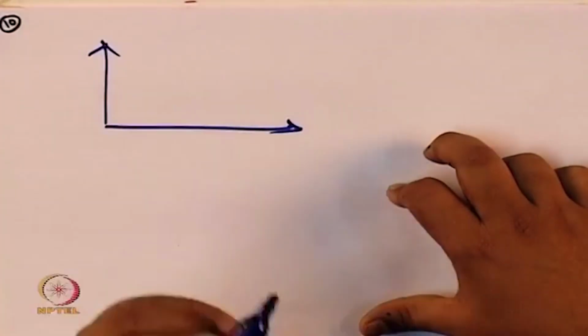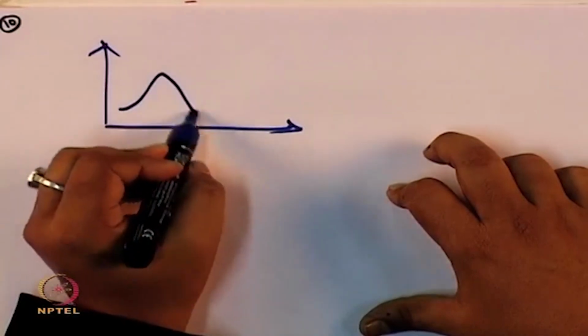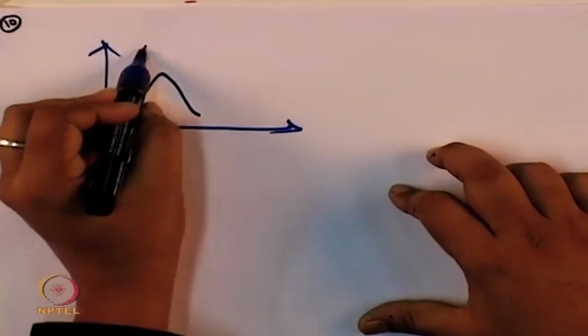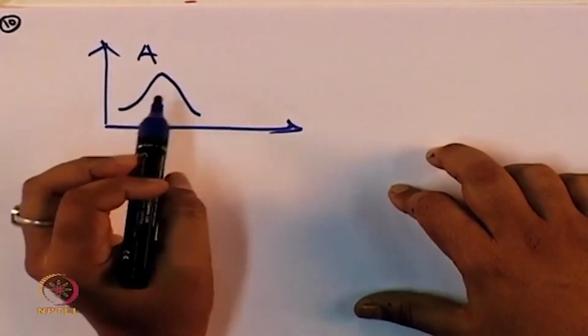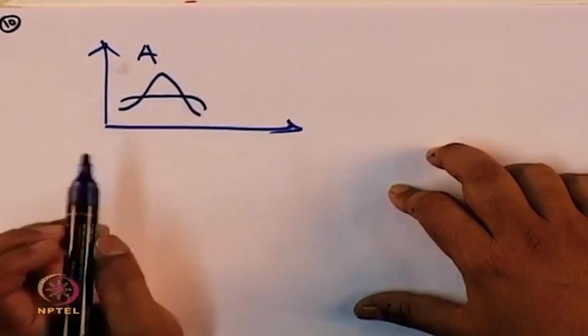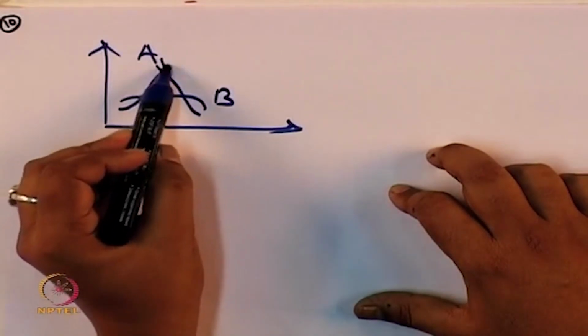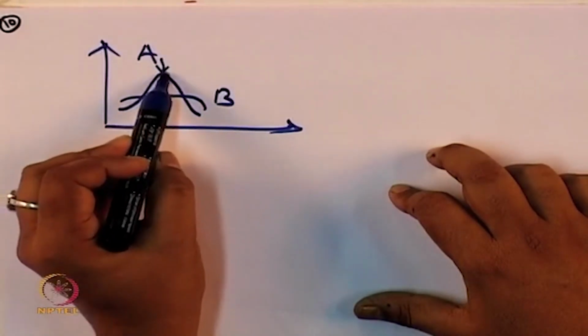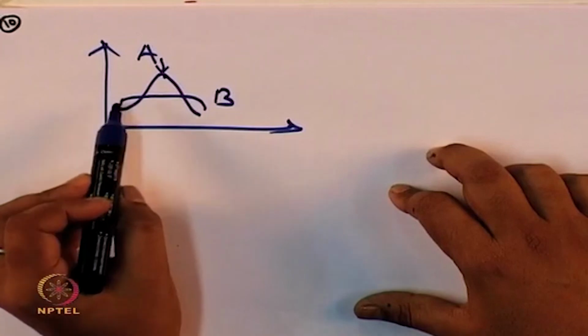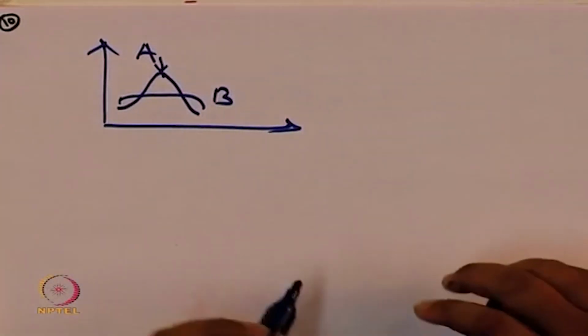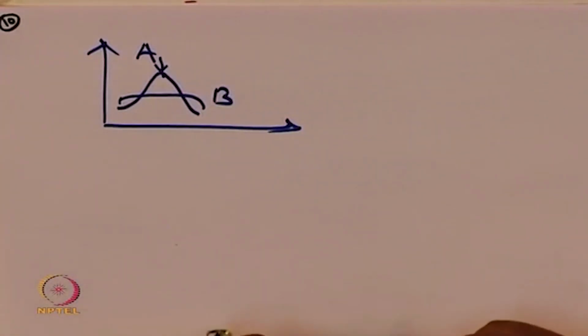So let us say you have done your frequency histogram, this is for condition A, and this is for condition B. A is a peaked distribution which has a distinct maximum, B is reasonably flat, in other words all values are equally reasonable. So clearly this would tend to say that there is a big difference.